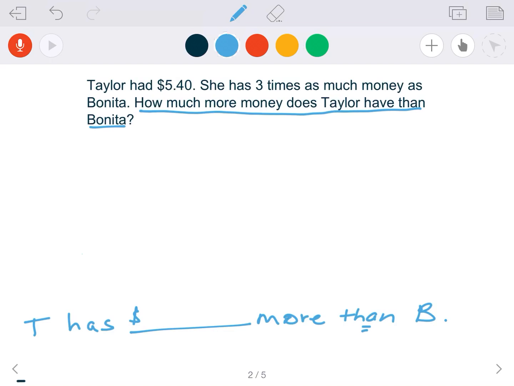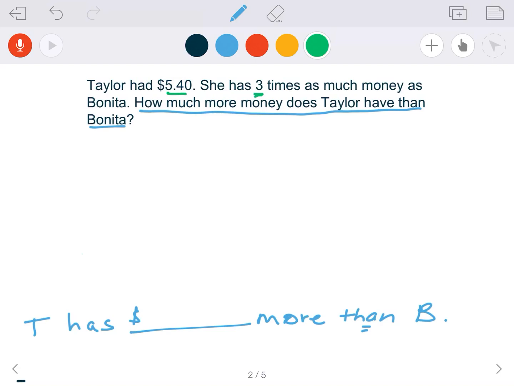Okay, step 3. What do we know? Well, we know there's this girl named Taylor, and she has $5.40. We also know that Bonita has money, but she doesn't have nearly as much money as Taylor. Taylor has 3 times as much money as Bonita. And we need to figure out not how much money Bonita has, but how much more money Taylor has than Bonita.